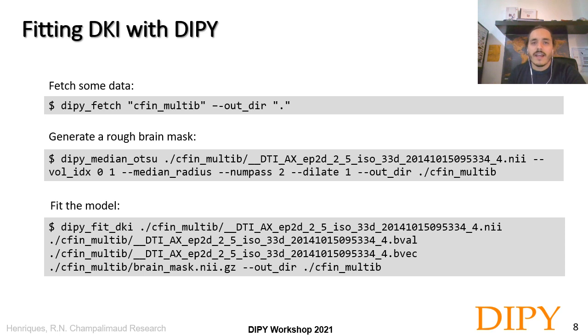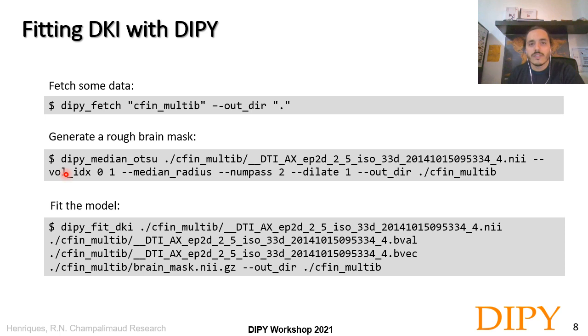How can you fit DKI in DIPY? For this, the first thing that you need is data from multiple B values. So here we are downloading a multi-shell acquisition using the command line DIPY fetch. As in the DTI example presented by Ariel, we then mask the data to avoid calculations in the background.